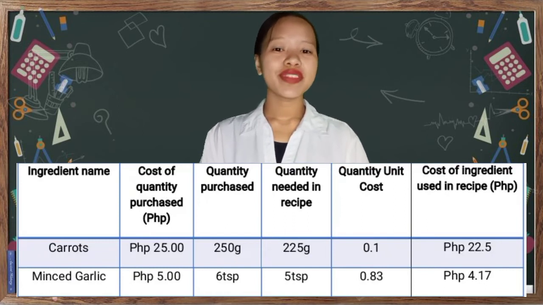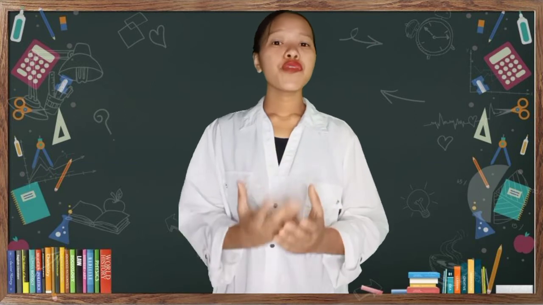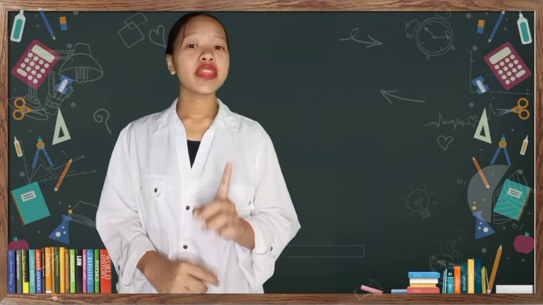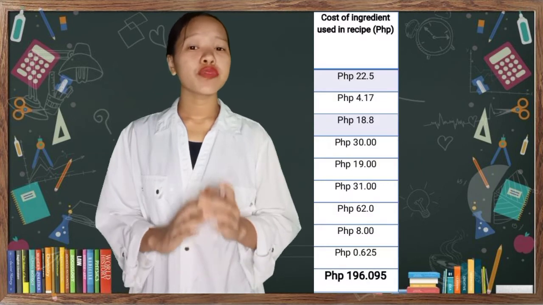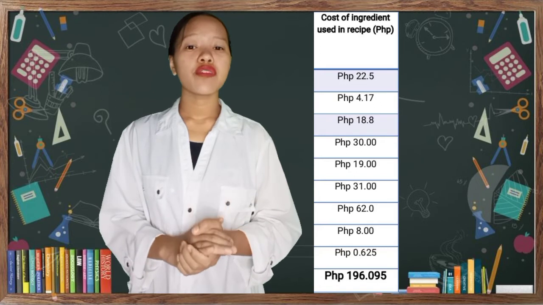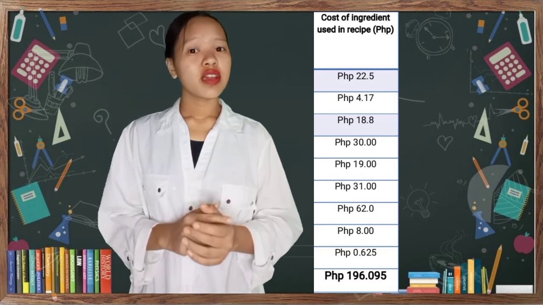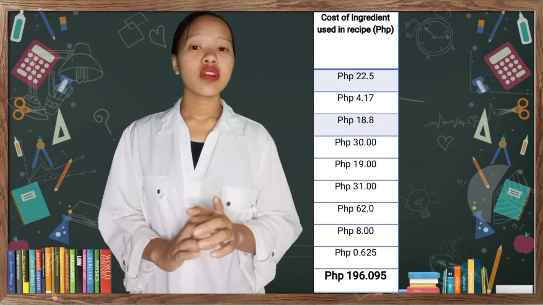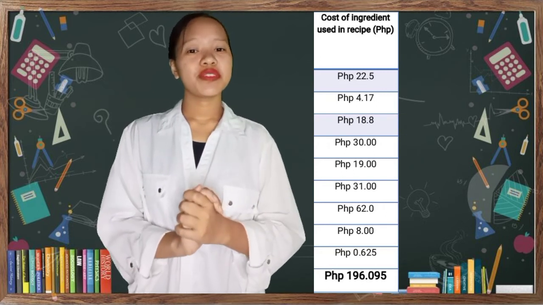So after calculating all the ingredients, we have to get the total cost of ingredient used in the recipe. So all in all, the total is 196.095, and that's the cost of ingredient used in the recipe.